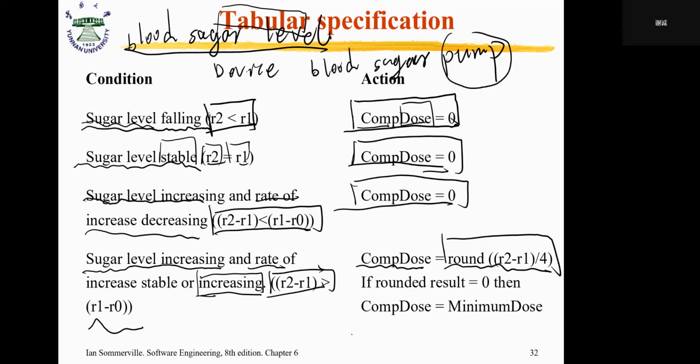This is a very strict system requirement specification. It's called a tabular specification. It is only used when the function is very complex. The normal structured language cannot describe it. You can consider using this kind of specification.